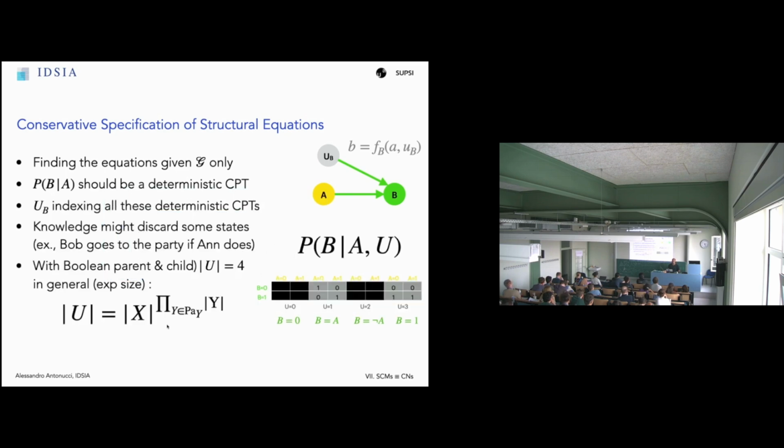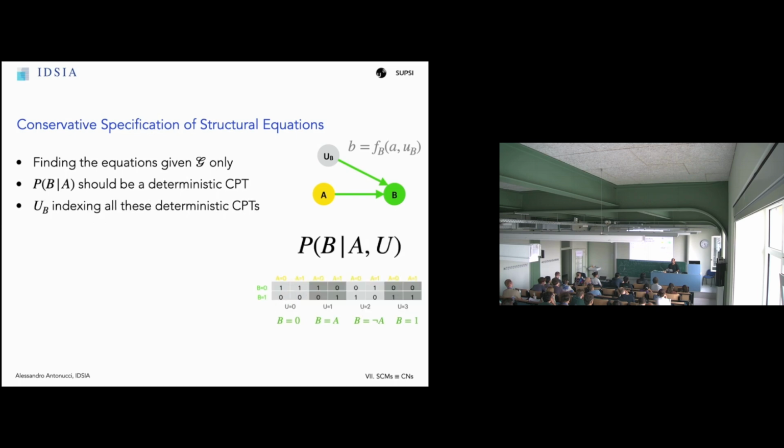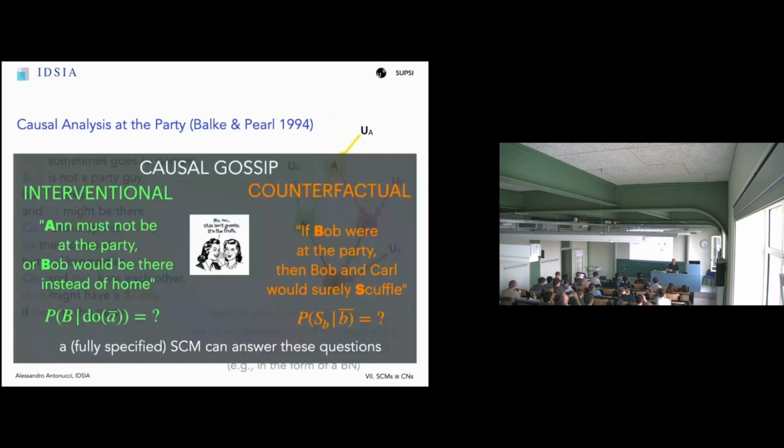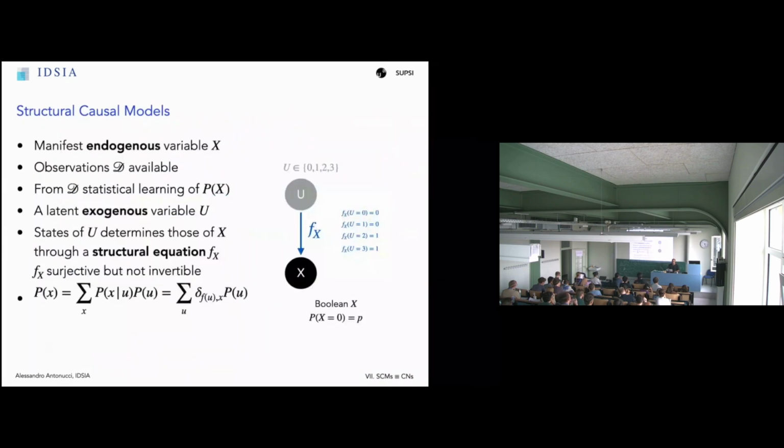In some cases, you can start from this conservative approach and maybe ask your expert: this relation is the identity, but it's impossible that B is just a clone. So maybe you can remove some of the deterministic relations, which means you can remove some of the latent states.